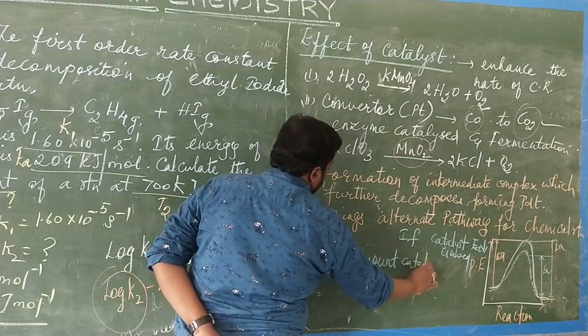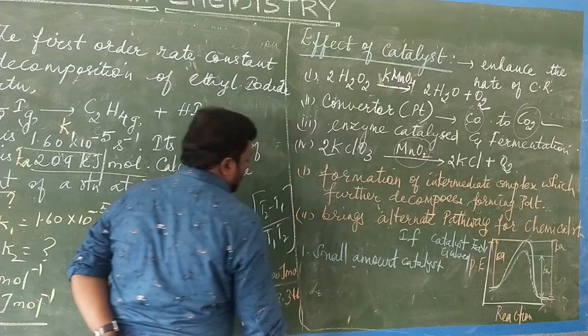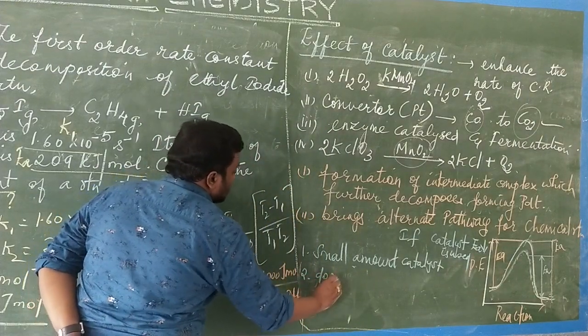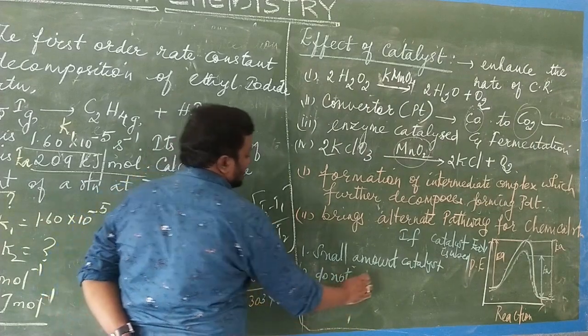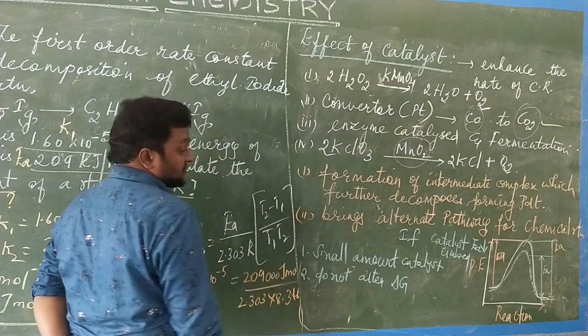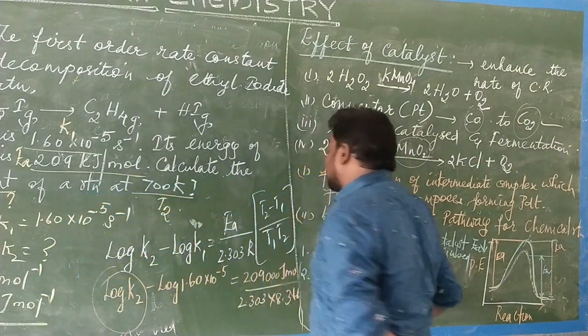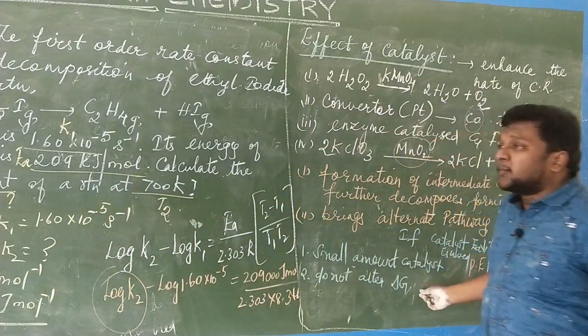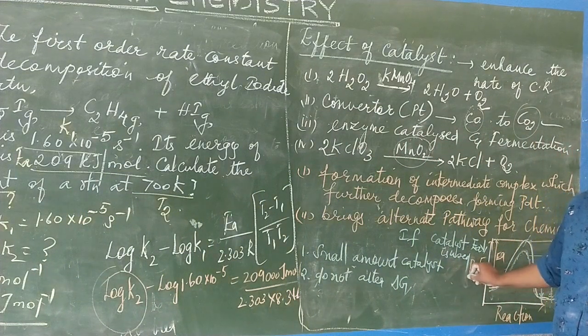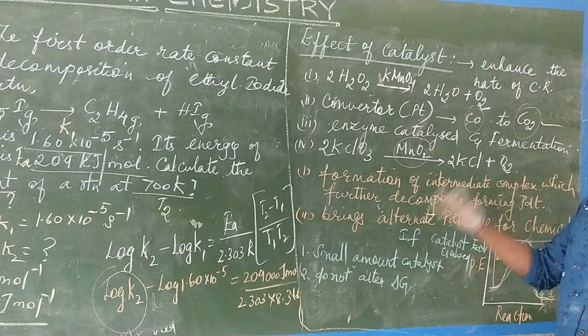One point. Second point, very very important: this catalyst does not alter Gibbs energy, delta G, the thermodynamics principle. The delta G value is very very important because it helps in determining the spontaneity of a chemical reaction.